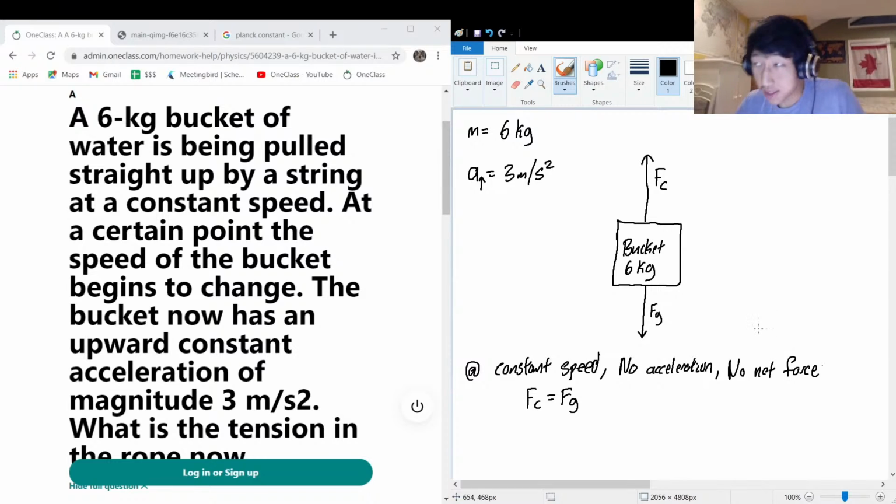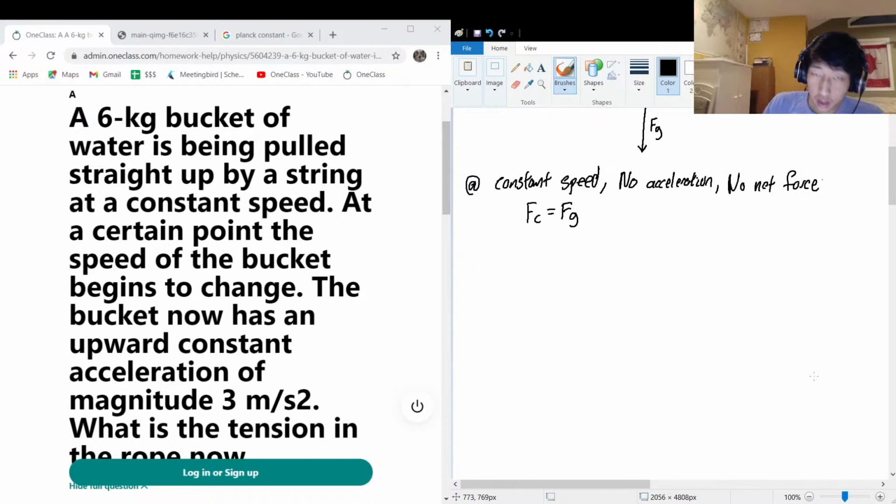But what's really interesting is when it starts to accelerate. Okay, so when it accelerates, net force is up.